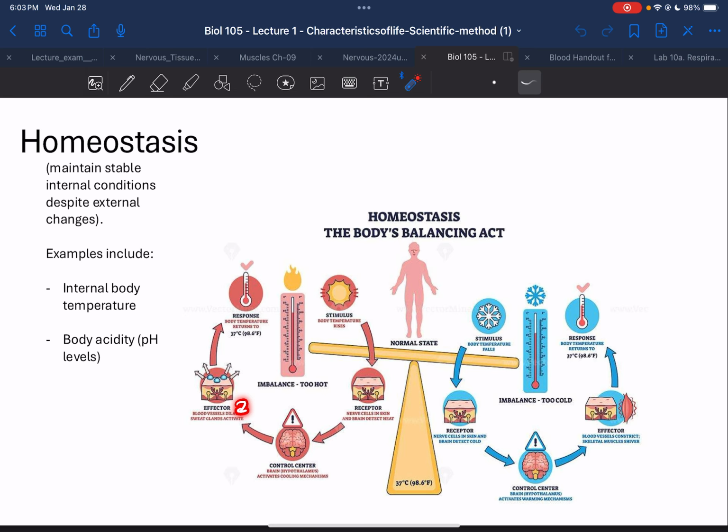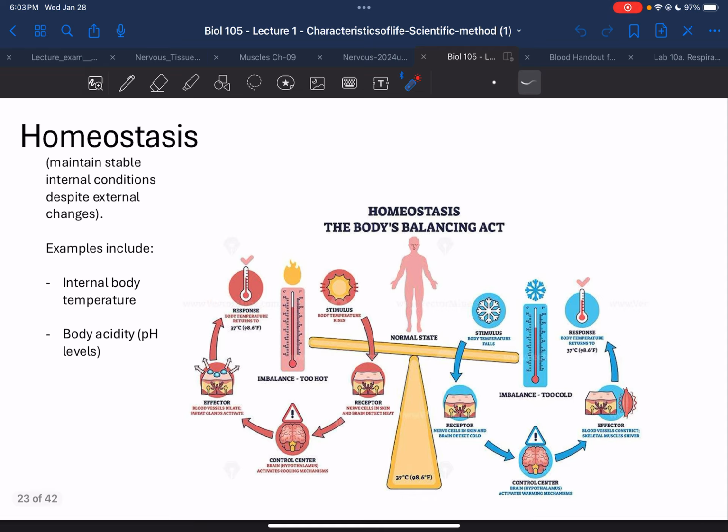That's what dilate means. And so that makes that whole area start releasing water more quickly. And so that water will be used for sweat. And then that sweat will land on your body and cool you off, and your body will return back to a standard about 98.6 Fahrenheit or 37 degrees Celsius.